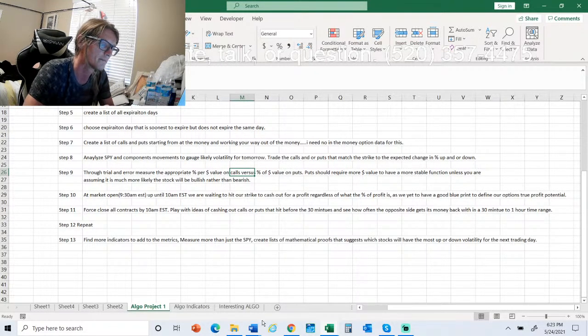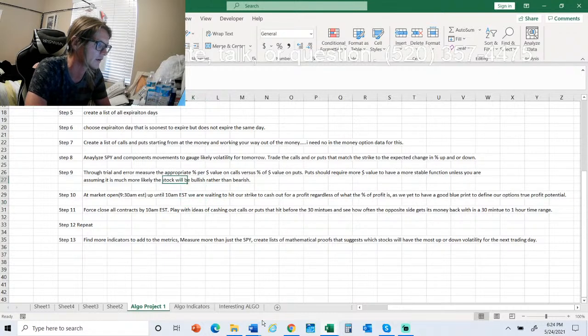The only thing that we want to think about is closing out once our strike price is reached. Then we create a forced close of all contracts by 10 a.m. Eastern Time, basically meaning, so I got to set this in real quick.